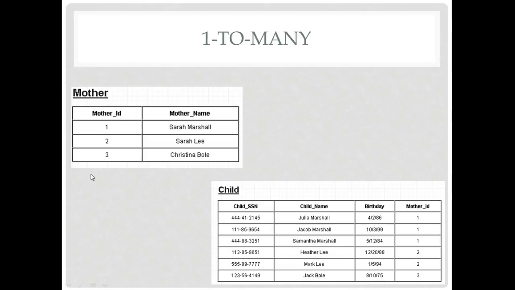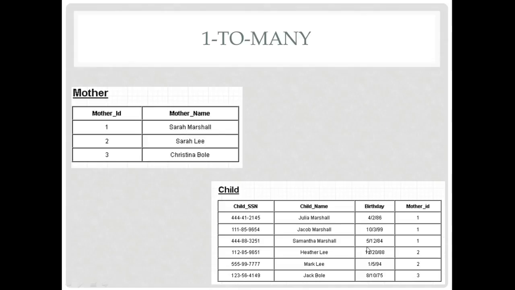So let's just go through this table a little bit. So we look at this first child here, Julia Marshall. Julia Marshall has a foreign key here called mother ID, which points back to her mother. So Julia Marshall has a mother, and her name is Sarah Marshall. And then Sarah Marshall also has another child, Jacob Marshall, who is also the child of Sarah Marshall.